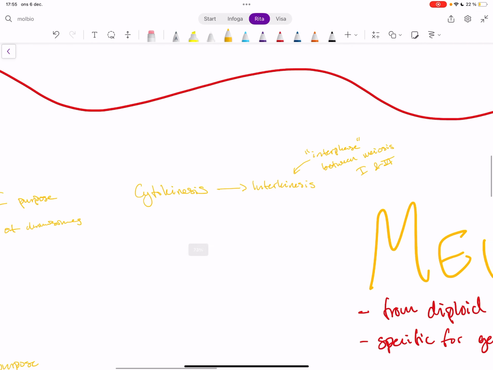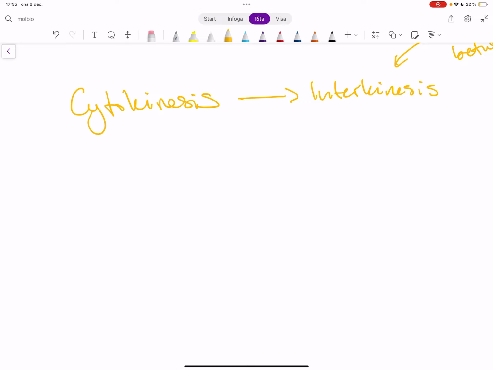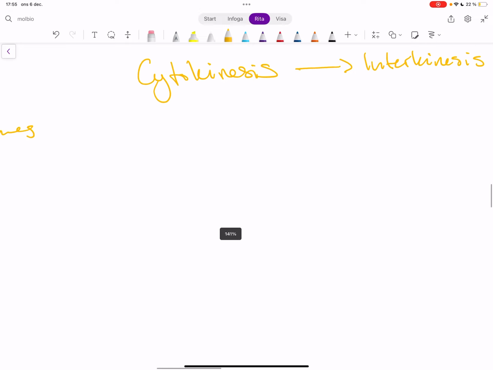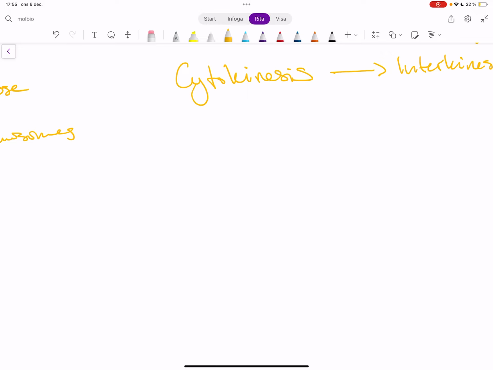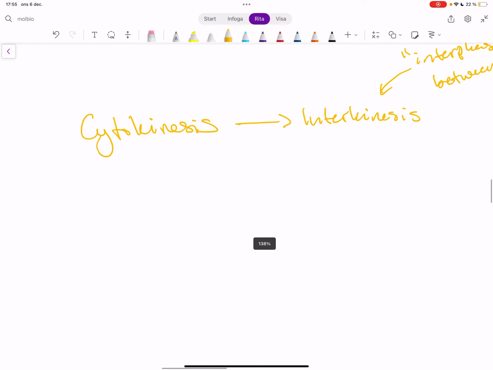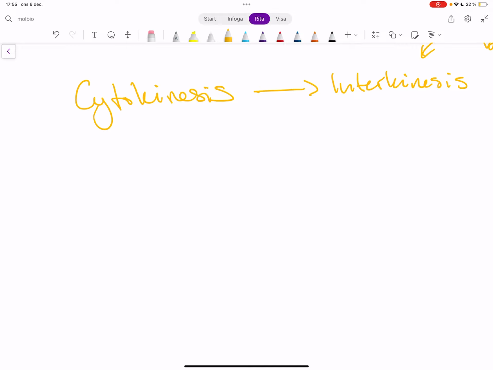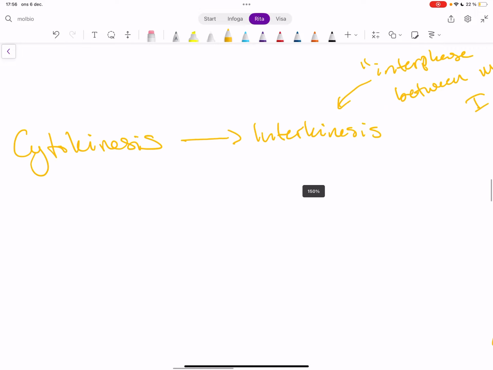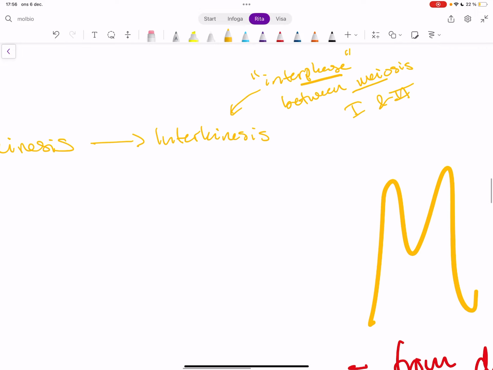And then you have cytokinesis, which is this part right here. Cytokinesis is kind of the same as in mitosis, so I won't go into detail about that. The daughter cells will divide, so here you have 2 haploid sets of chromosomes at different poles of the cell, and then you get 2 daughter cells in cytokinesis. Then the cell will enter interkinesis, which is the interphase between meiosis 1 and meiosis 2.